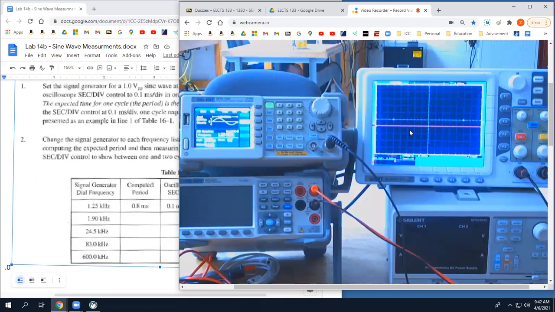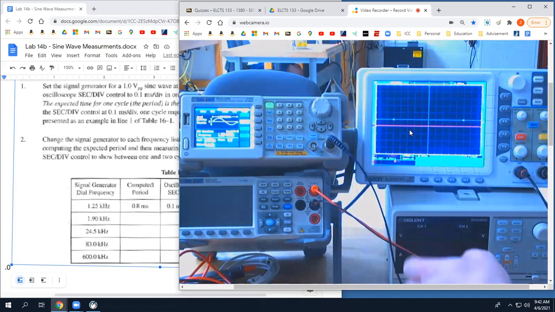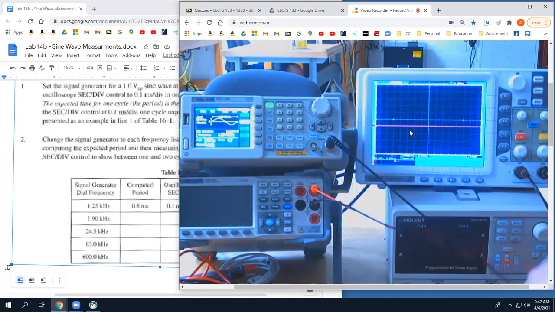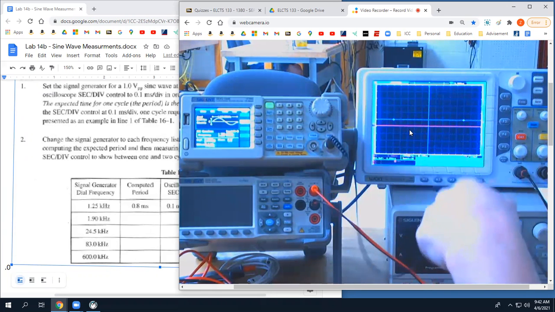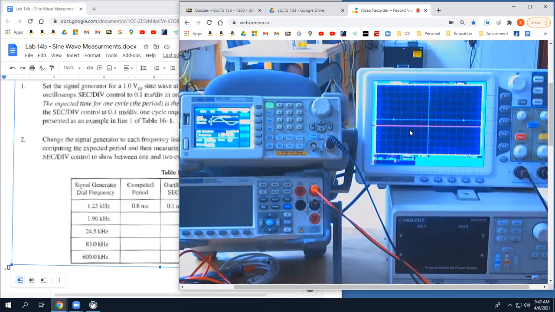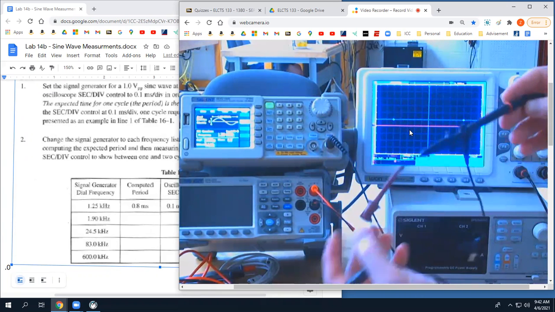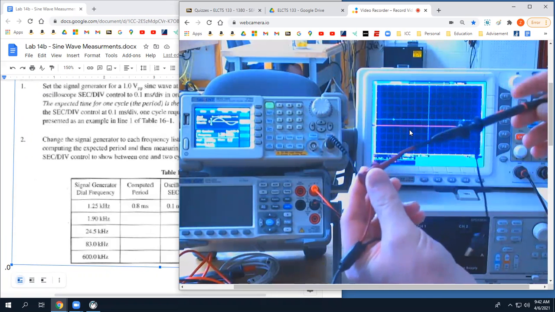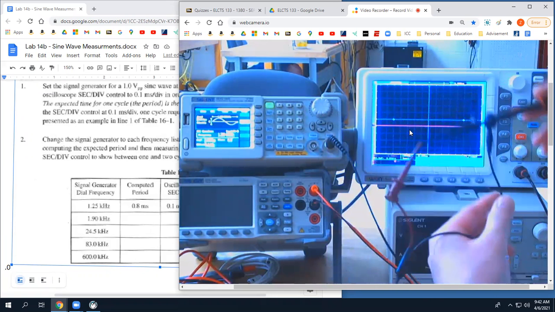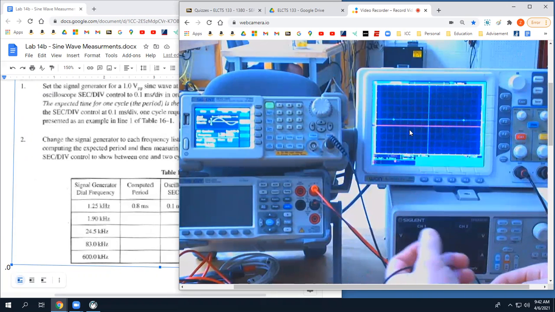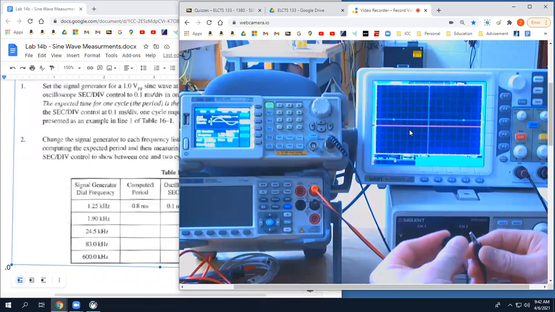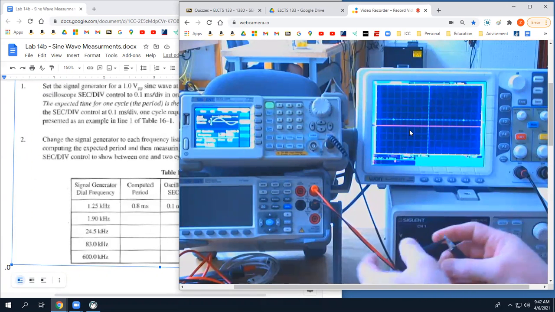You should be able to count the divisions and match up the information they put in that table to our stuff. This is my function generator, and this is my oscilloscope channel 1. Positive to positive, negative to negative.